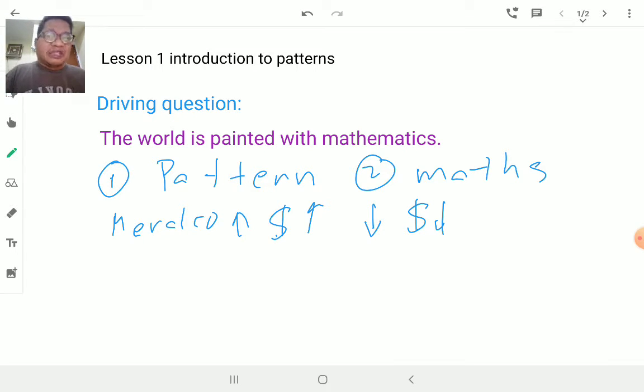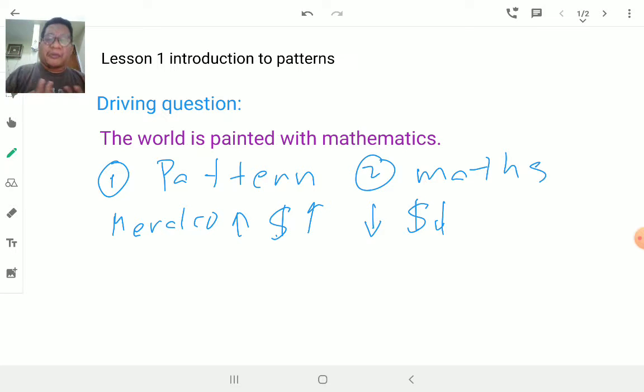Sometimes, even when you're sleeping, you have a pattern of sleeping. Like how do you sleep? Do you sleep lying down or sidewards to the left, sidewards to the right? Those are patterns.